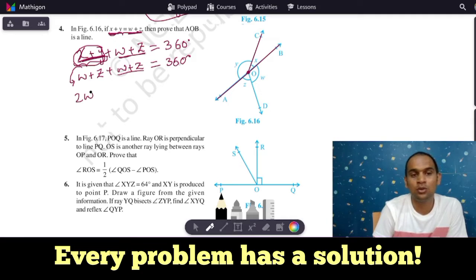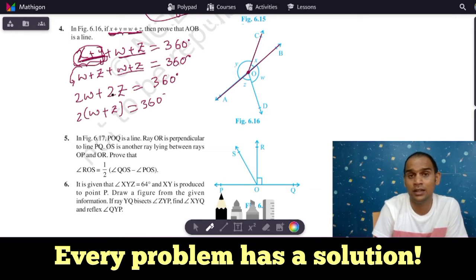Now we get 2w plus 2z equals 360 degrees, and 2 times w plus z equals 360 degrees, because we can take the 2 common, the greatest common factor, out. So w plus z is equal to 360 divided by 2.